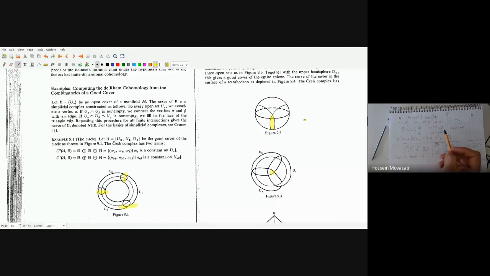Maybe I was a little bit fast with this relative cohomology, but once again I want to tell you that in the next lecture I will state the main theorem that I want to prove for algebraic varieties, and each time I use some property of cohomology or homology, I will mention it explicitly.